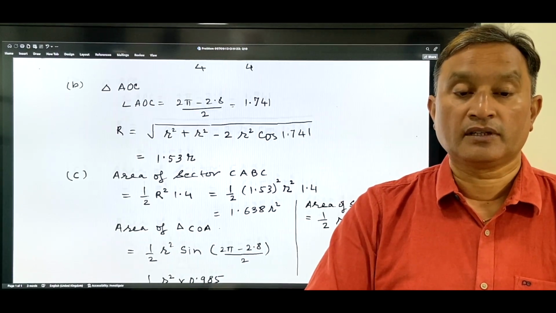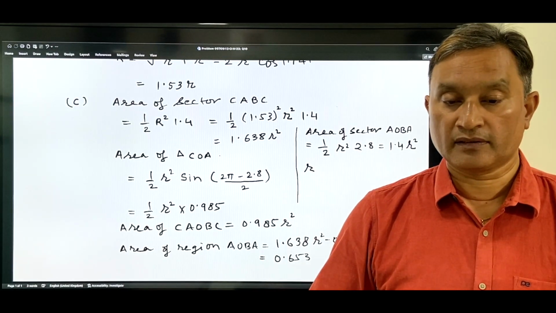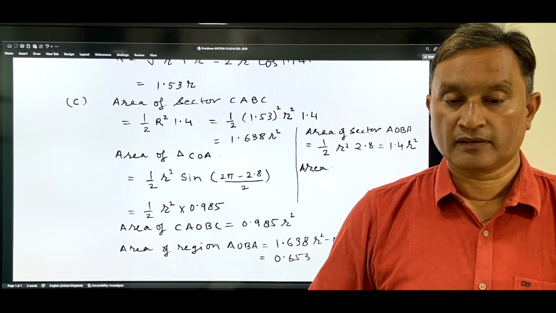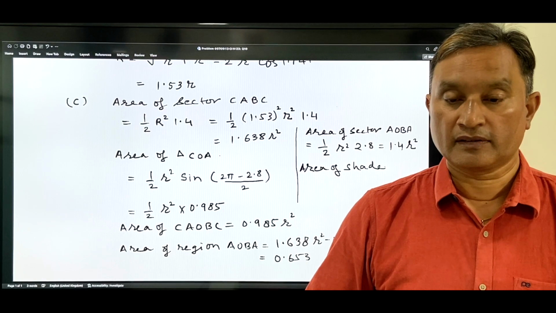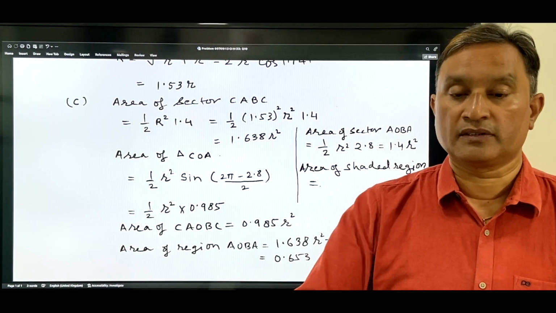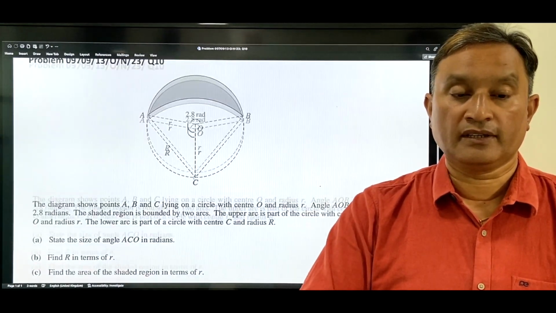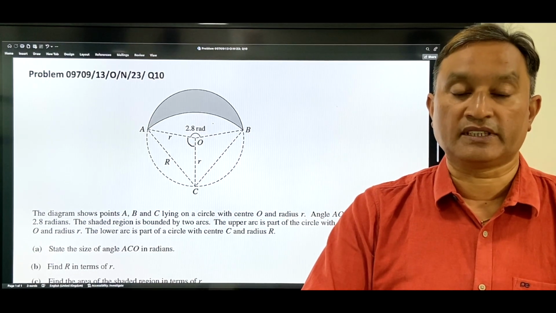Now the area of the shaded region equals the area of the big sector minus the area of this region.